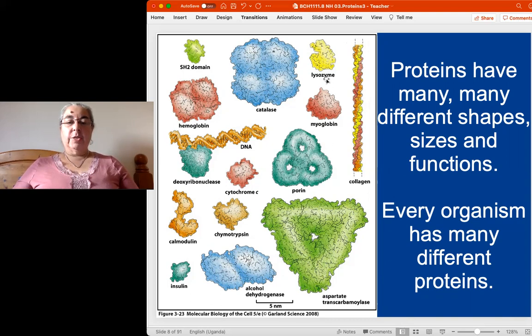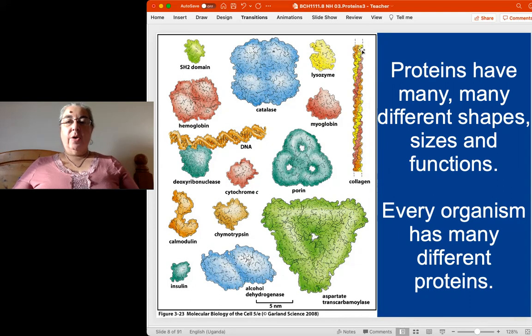So here, for instance, we have quite a small protein, which is lysozyme. And here's another small one, which is insulin. Here we have a very large protein, aspartate transcarbamylase. And another fairly large one is catalase.